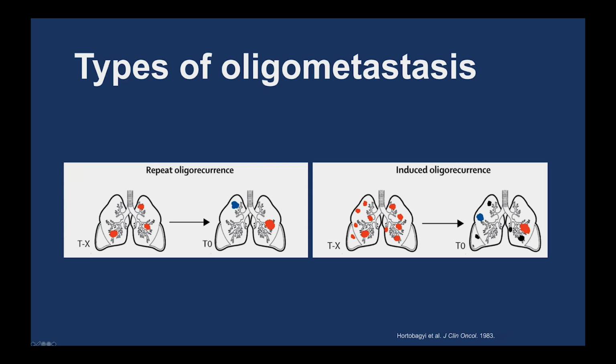But then after undergoing treatment, the cancer becomes more limited in number. That's been classified as induced oligorecurrence, where there's areas that have been treated, they've shrunk down, and then very few or limited areas where the cancer is active during treatment or after treatment.